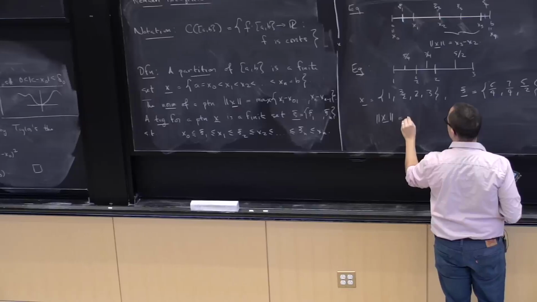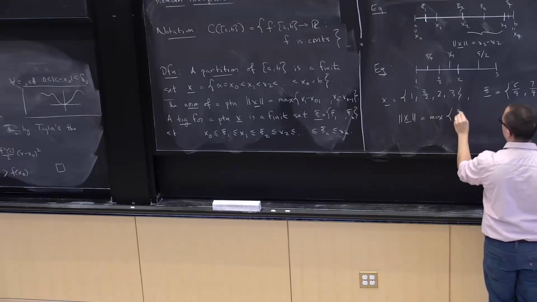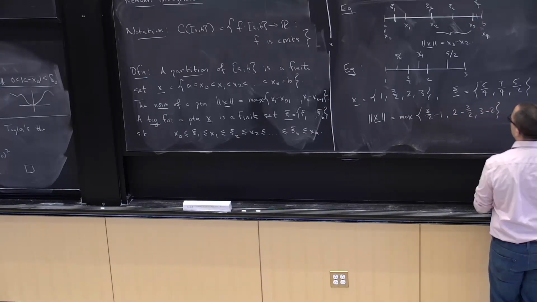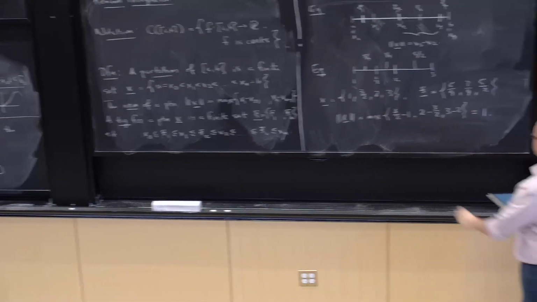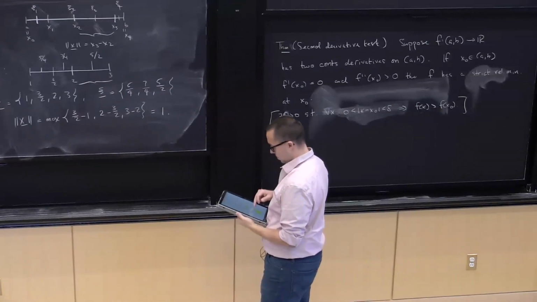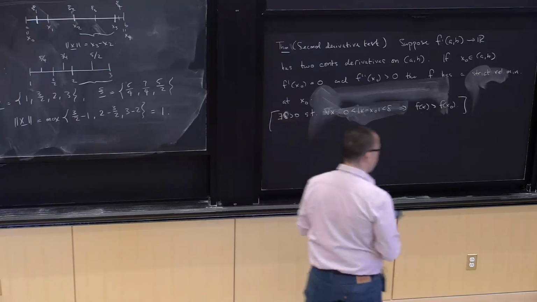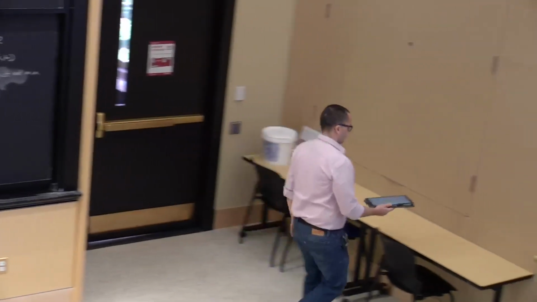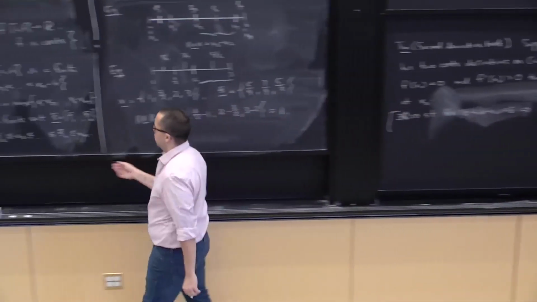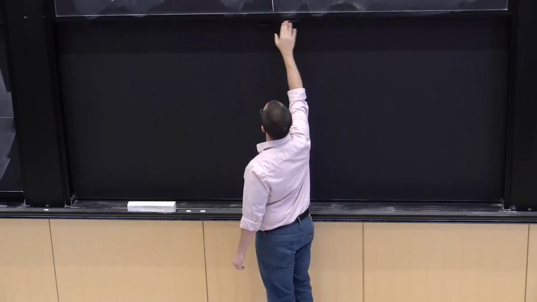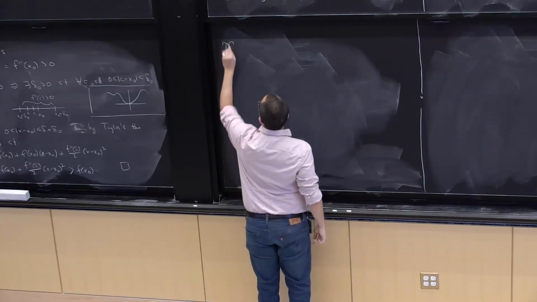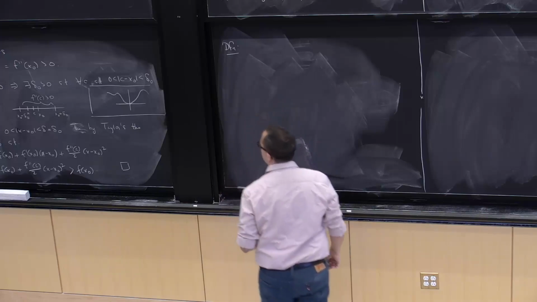So max of 3/2 minus 1, 2 minus 3/2, 3 minus 2, and that is 1. The length of this subinterval. Okay?